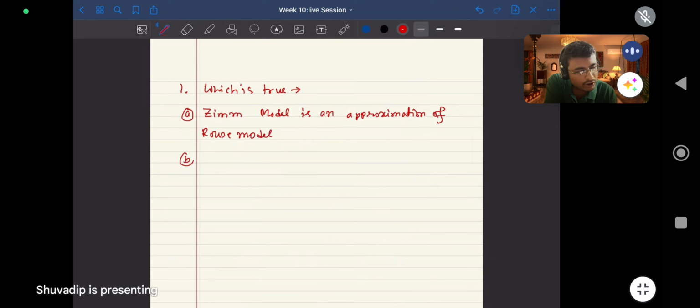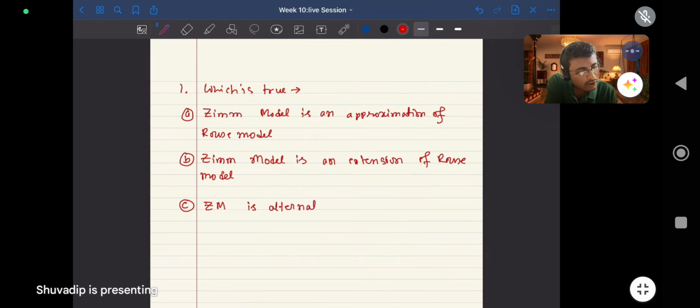Option B, the Zimm model is an extension of the Rouse model. C, the Zimm model, I am writing in short, is an alternate representation of the Rouse model, writing in short again here, RM is the Rouse model.